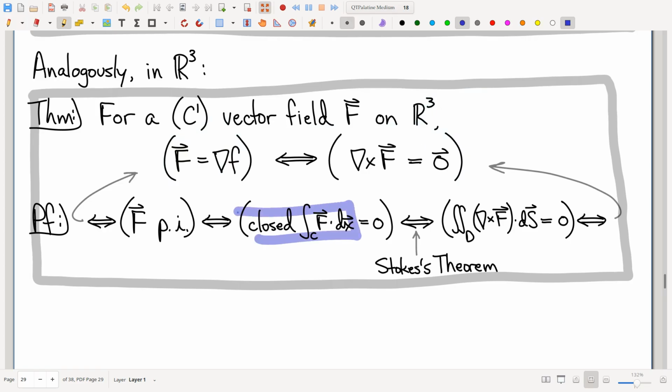Specifically, in 3 dimensions, the relationship between closed line integrals and now surface integrals is Stokes' curl theorem. So notice how it fits in exactly the same way. In this and other ways, Stokes' theorem is a 3-dimensional version of Green's theorem, in a pretty meaningful way.